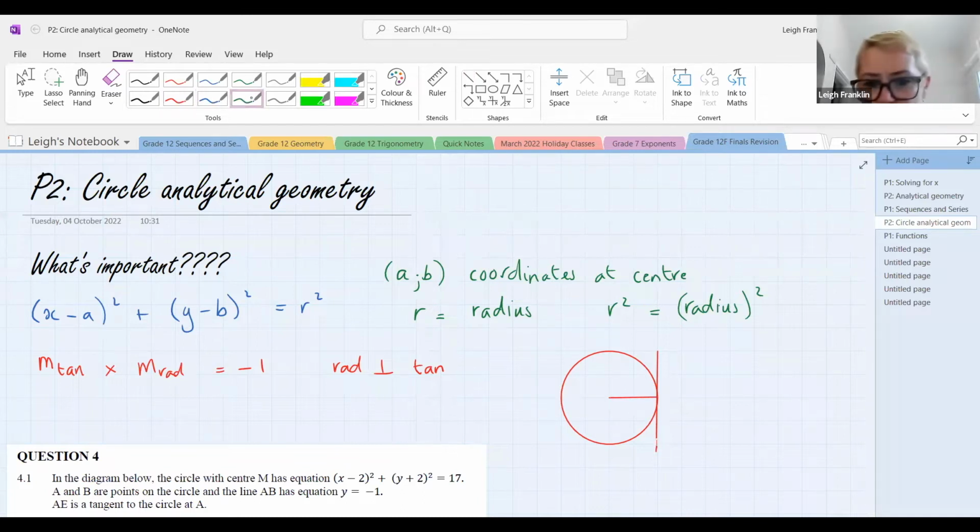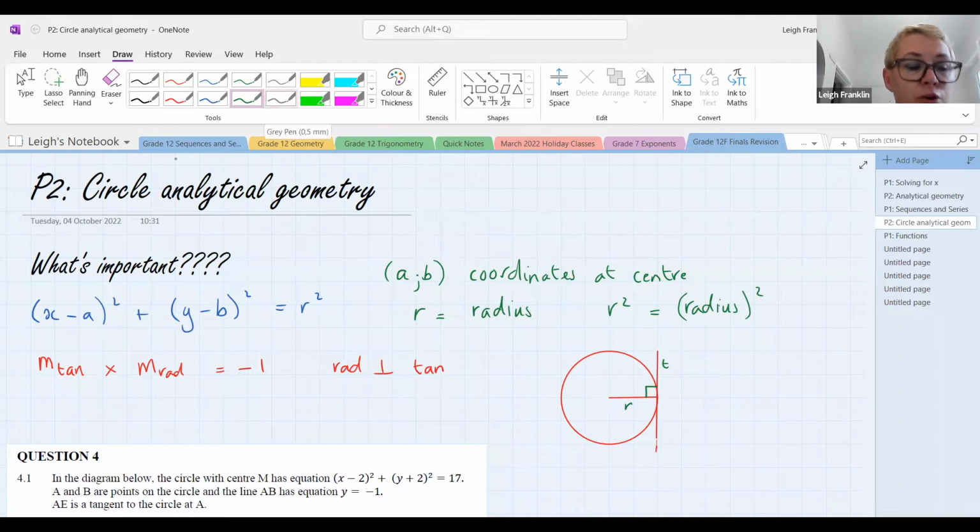What I'm saying is that if this little line is our radius and that line over there is our tangent, they're always going to meet at 90 degrees. So if we want to calculate the gradient of either of these two lines, the gradient of the tangent times the gradient of the radius is equal to -1.